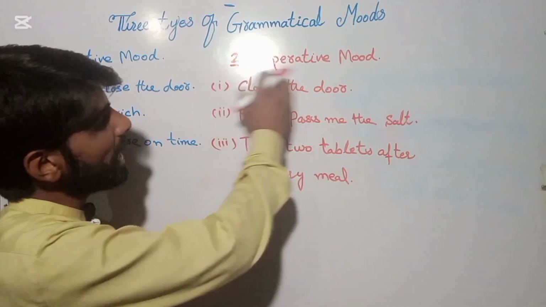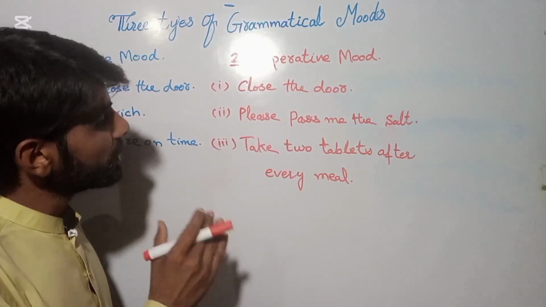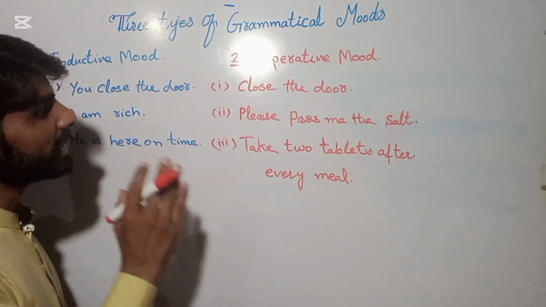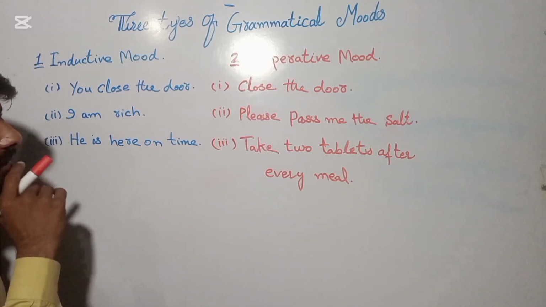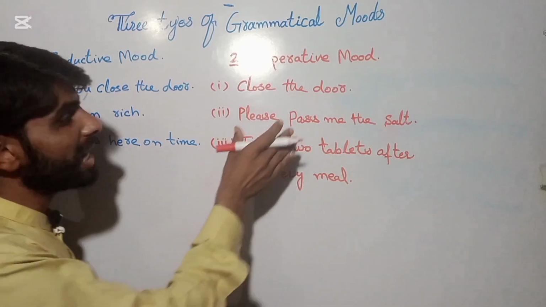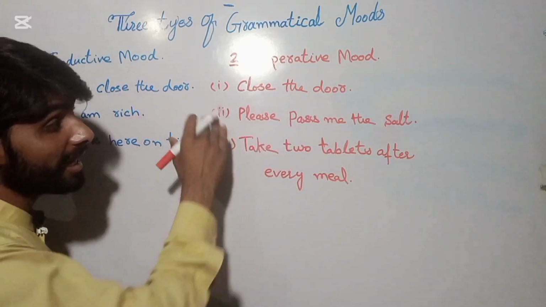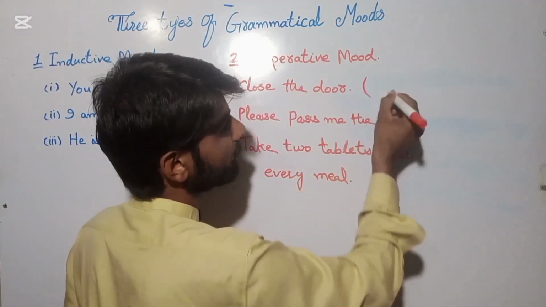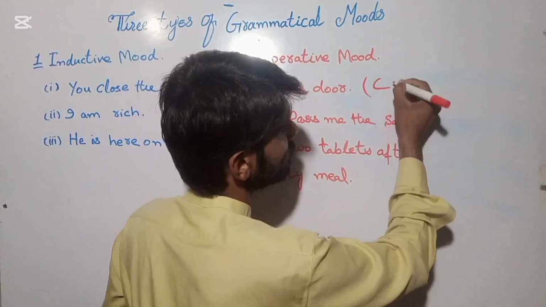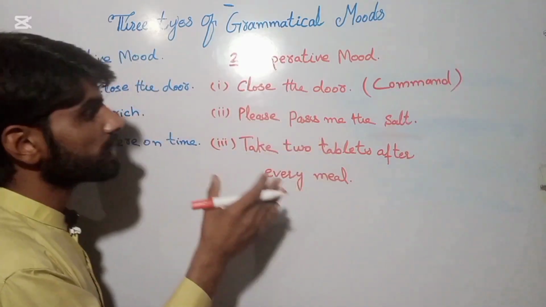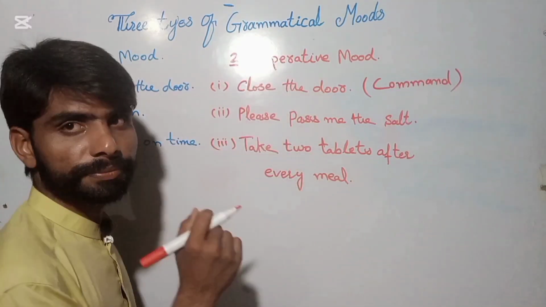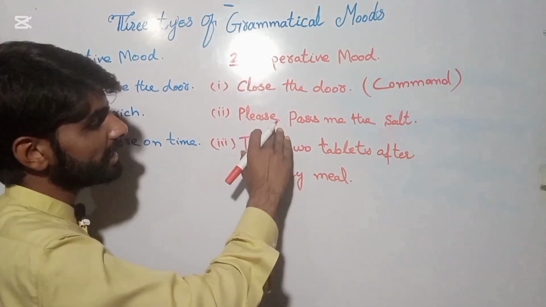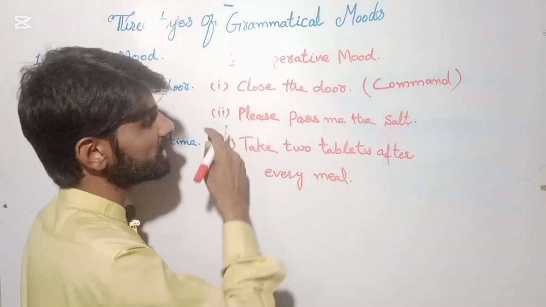So this is the imperative mood. What is the first difference in this? We will use sentences like: close the door. So this is a command. We are giving a command to someone: close the door, right? Next is please pass me the salt. So this is a request.